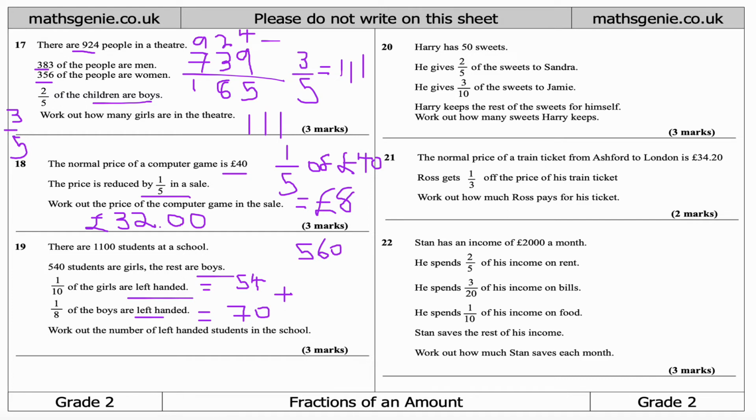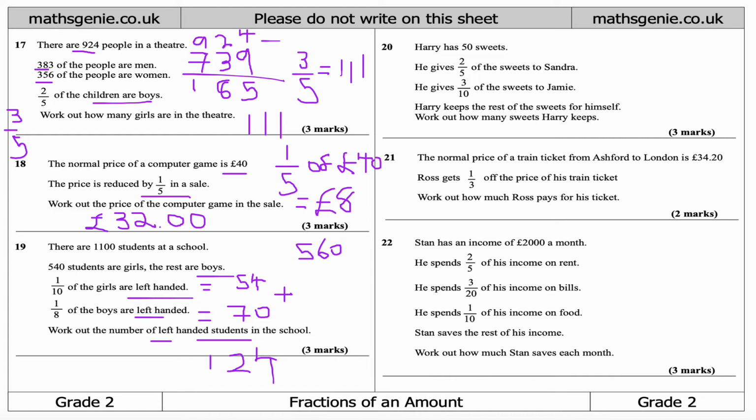Adding these numbers together, 4 plus 0 is 4, 5 plus 7 is 12, or 2 carry the 1. So 124 students that are left-handed for that question.